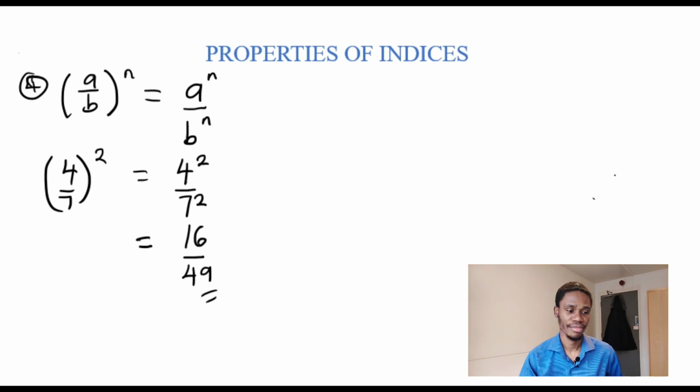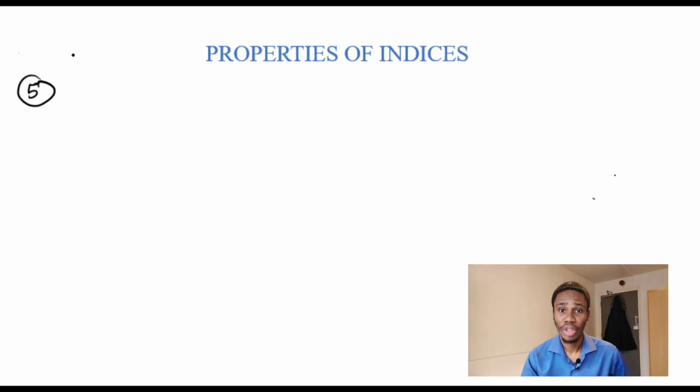Let's move on to property number 5. Property number 5 talks about the negative power of the quotient of two numbers.